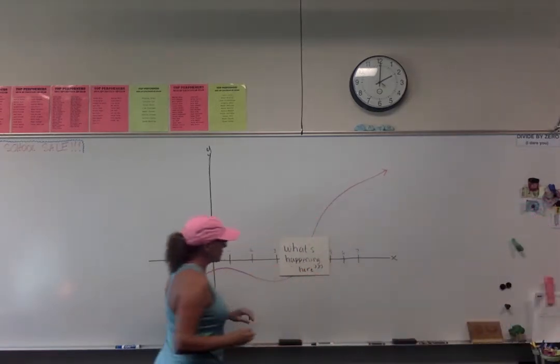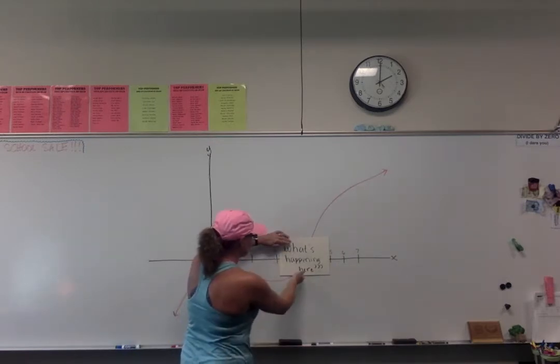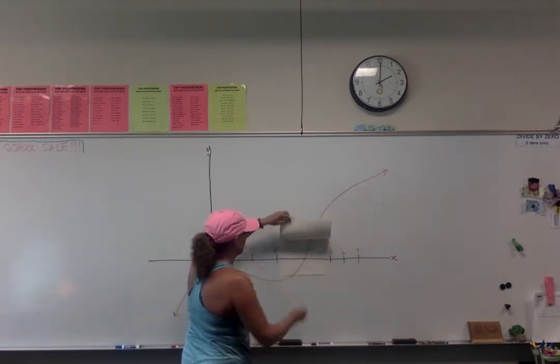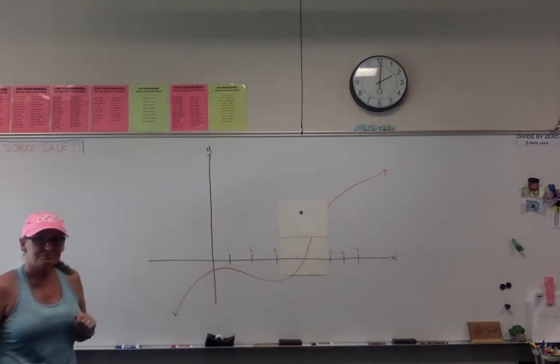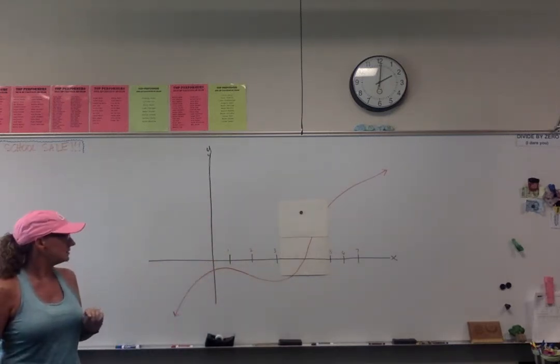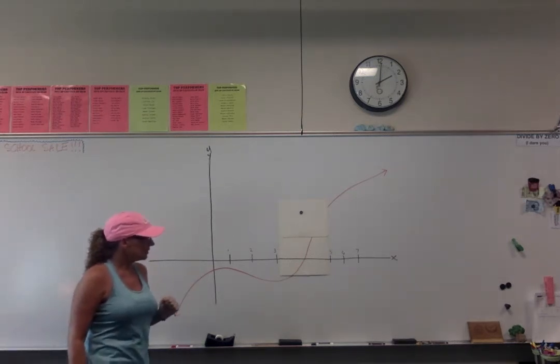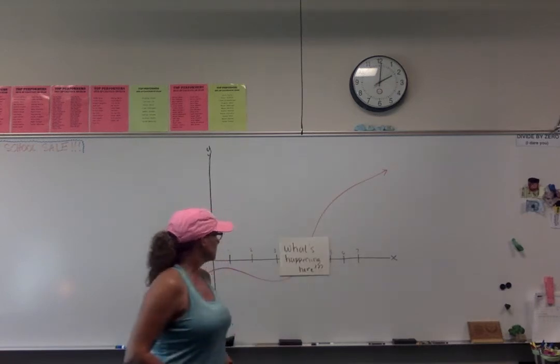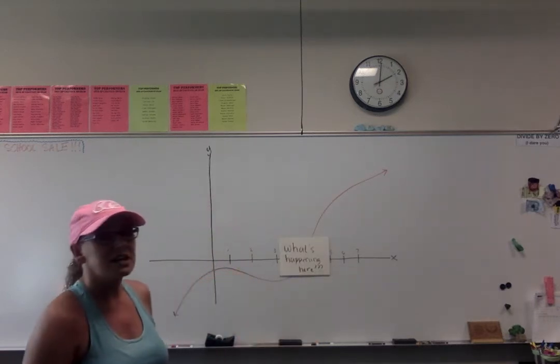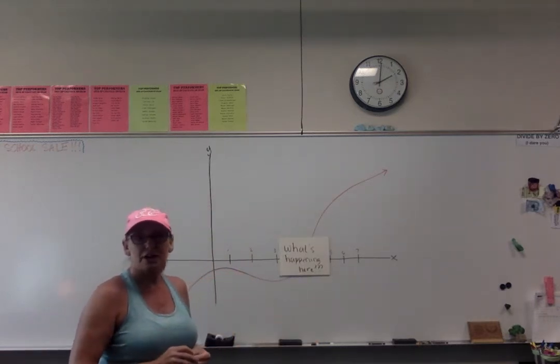Some of you are thinking that perhaps underneath here, that's what it looks like. And it could. Most of you would say, I think there is an x-intercept probably around x equals 4.